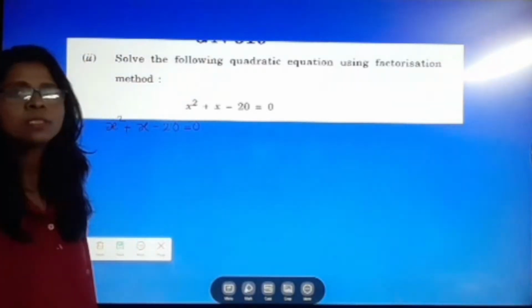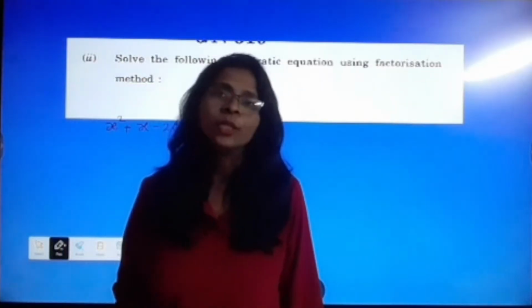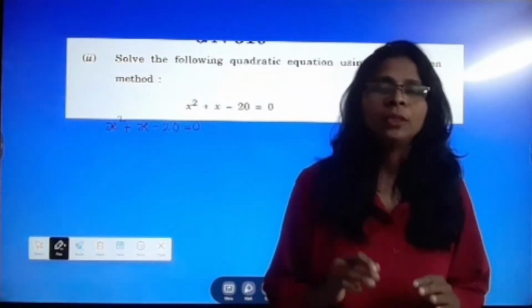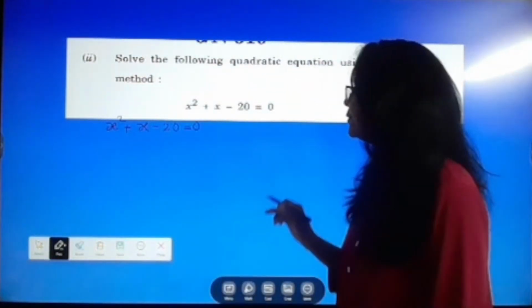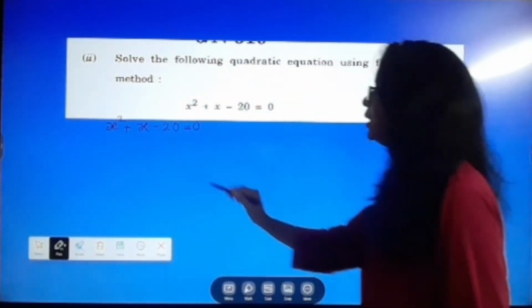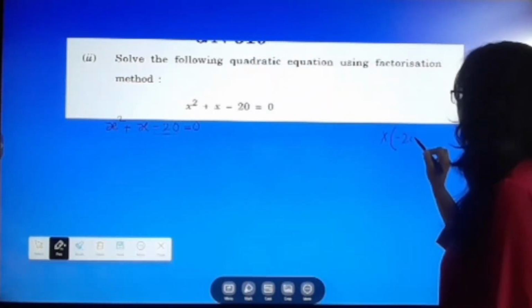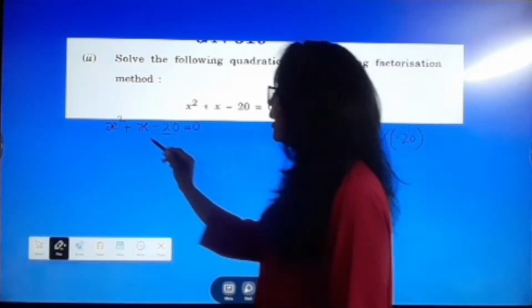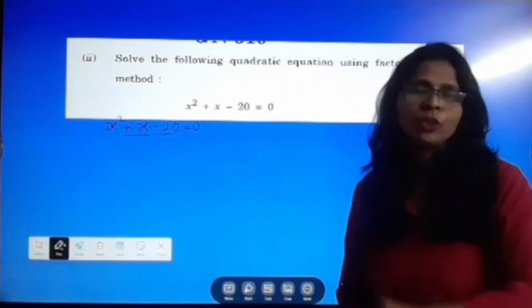Yes, students, we apply one condition, and that condition is that we have to find two numbers in such a way that their product will be minus 20, and their addition or subtraction will be the coefficient of x.